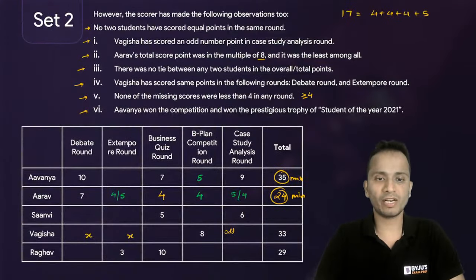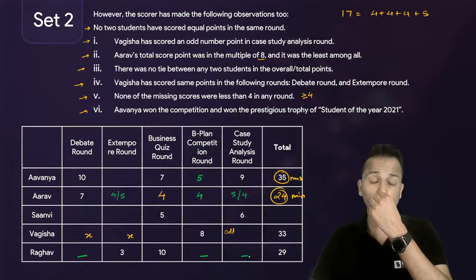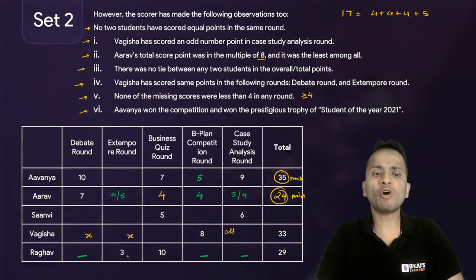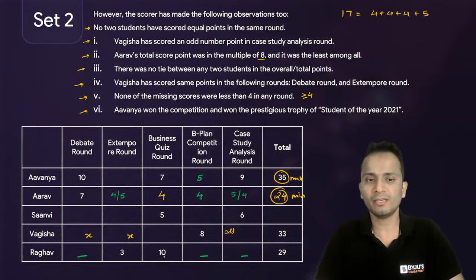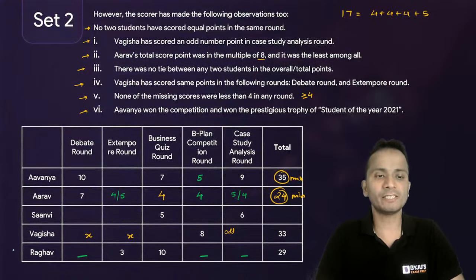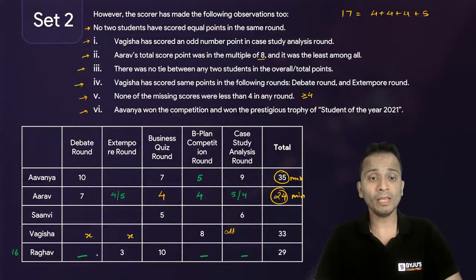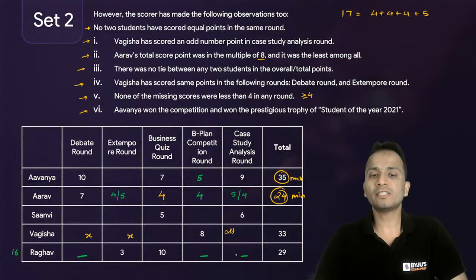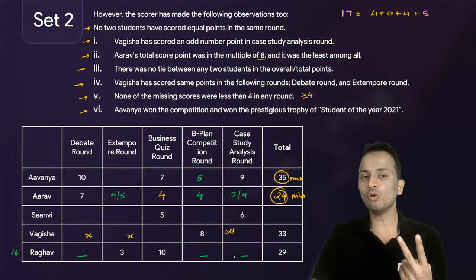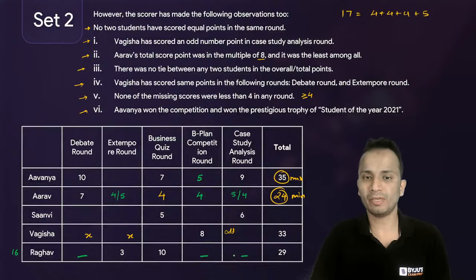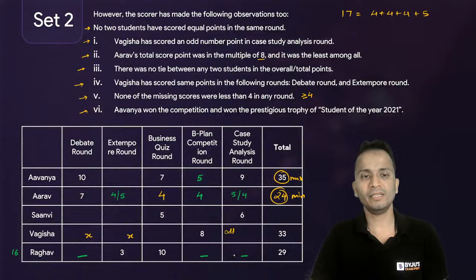Raghav already has a 3 and a 10, that is 13 out of 29. So that means Raghav is left with 16. So out of these 3, the sum of any 2 of them will be a prime number. Clear? Okay.